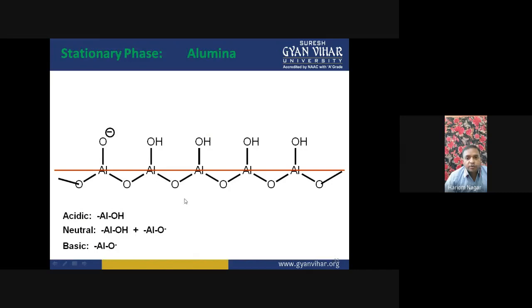Now the stationary phase, if you talk about alumina, this alumina stationary phase actually contains the OH group. In the acidic medium, alumina exists in the form of AlOH2+, and in the neutral medium, alumina exists as AlOH. In the basic medium, the alumina stationary phase exists as AlO minus.